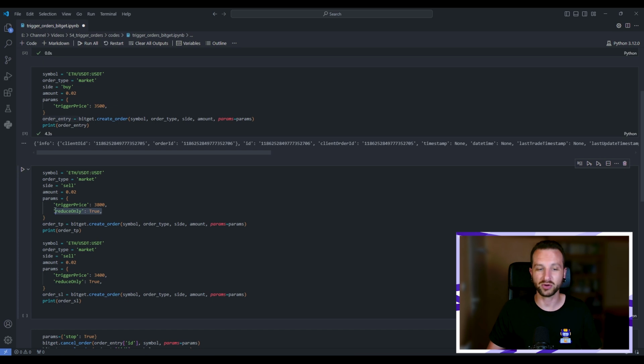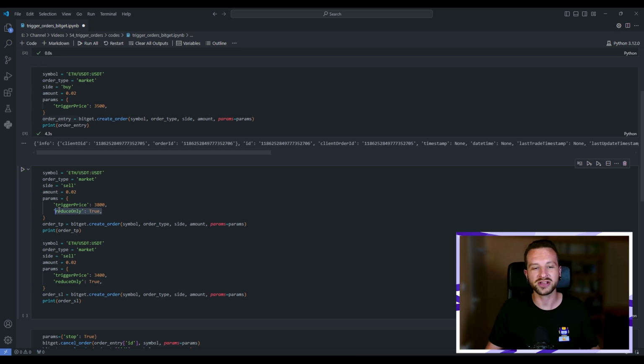And quite importantly, I'm putting a reduce only extra parameter here in the params. This makes BitGet understand that this order I'm placing is to close another position. And being a close of another position, it means it cannot open a new one.